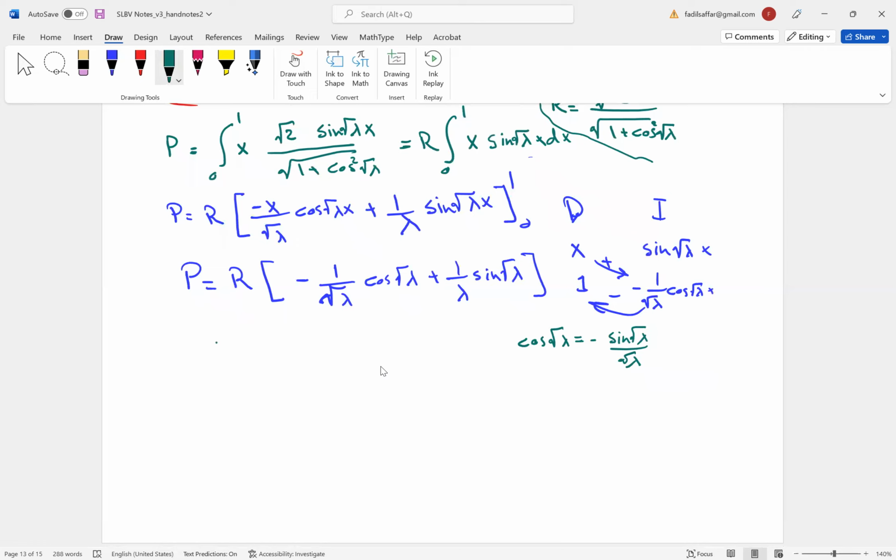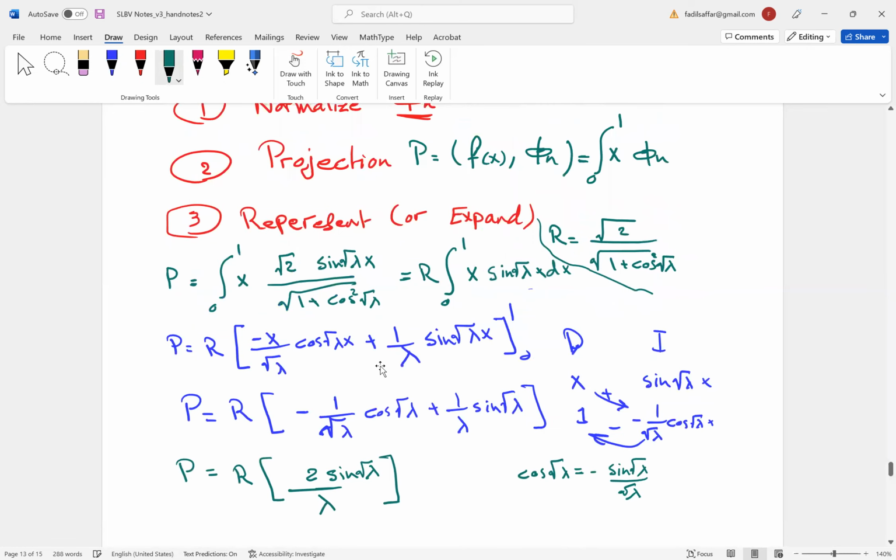So if we apply that, we'll see that this is just equal to 2 sine square root of lambda over lambda. And basically that's the projection.